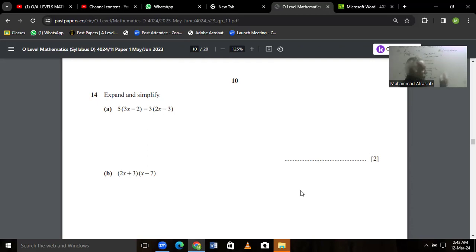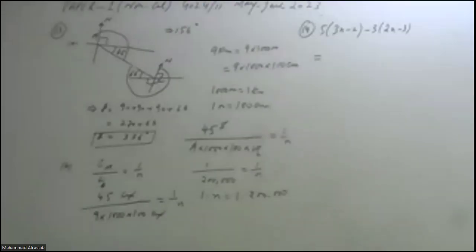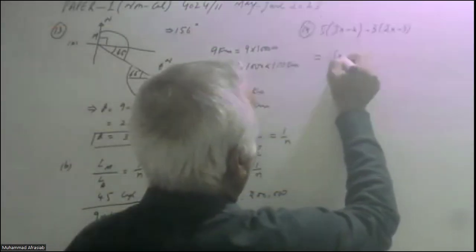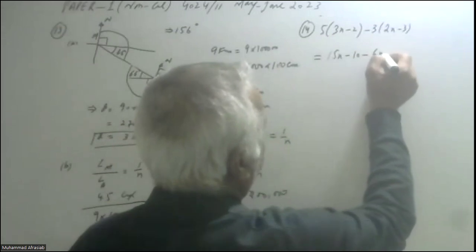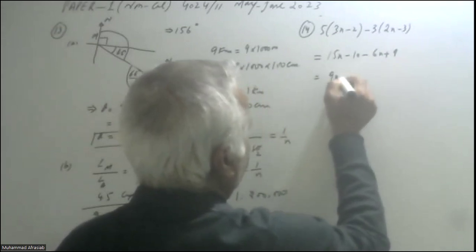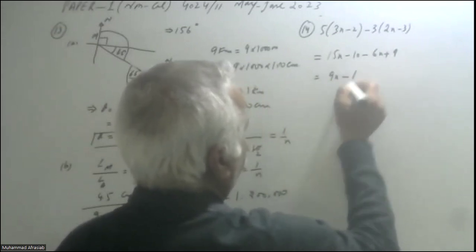Now, this will become equivalent to 15x minus 10 minus 6x plus 9. So 15x minus 6x is 9x, and minus 10 plus 9 is minus 1. This is the part A of that. And now the part B of it.